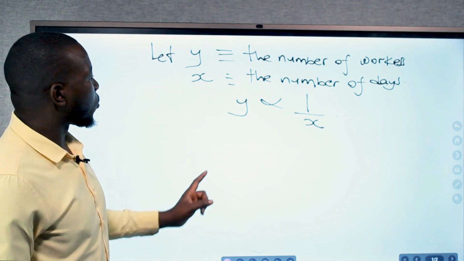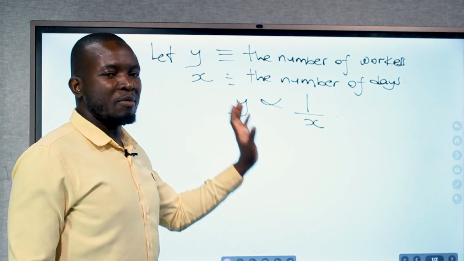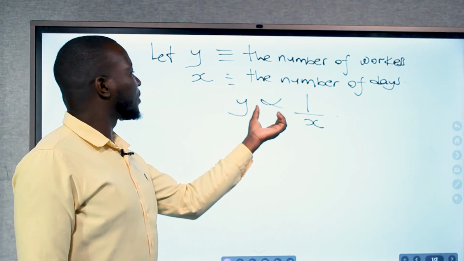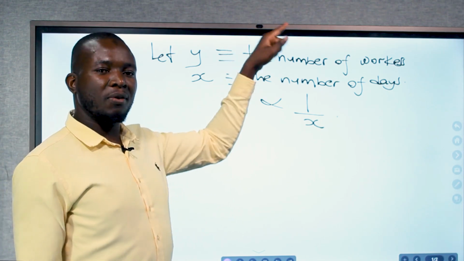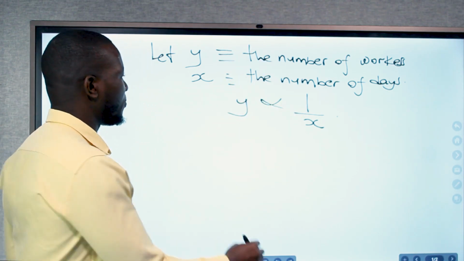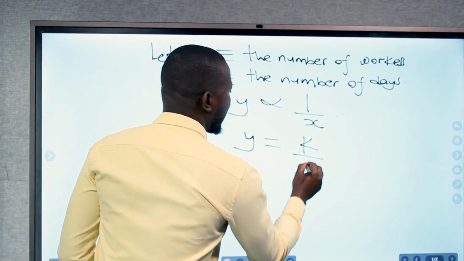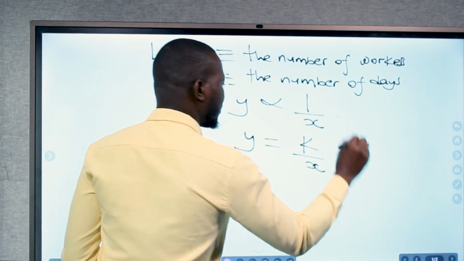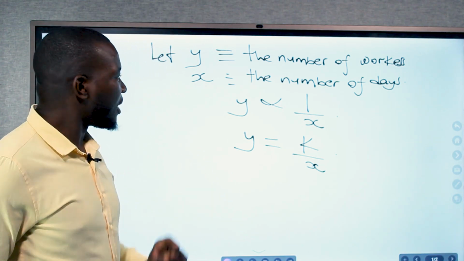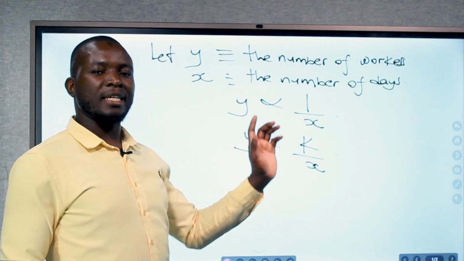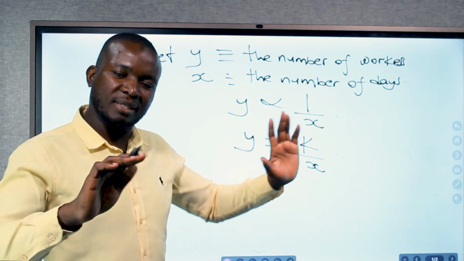Now, to remove this proportionality symbol, we put an equal sign and introduce a constant k on the other side. So it will be y equals k out of x. But remember, you have to get this constant because it will remain constant.